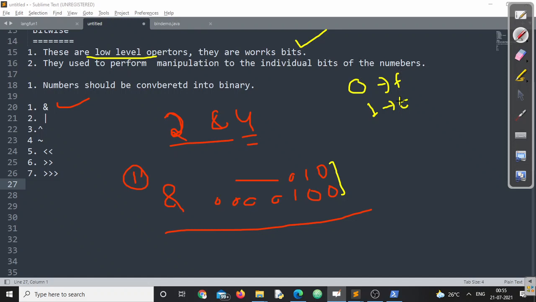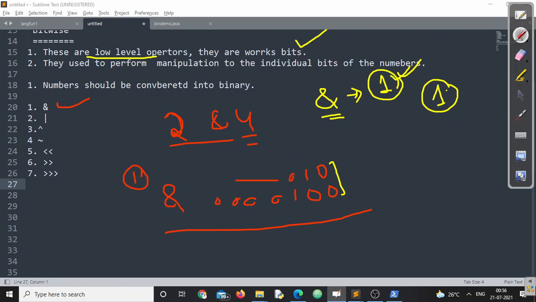For our convenience, we are treating it this way. In other words, the bitwise AND operator will produce 1 if both the operands are 1. In all other cases, it will produce 0.